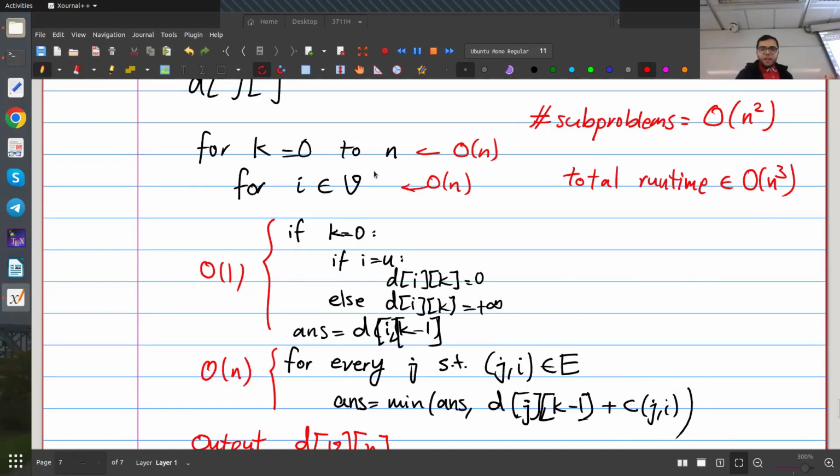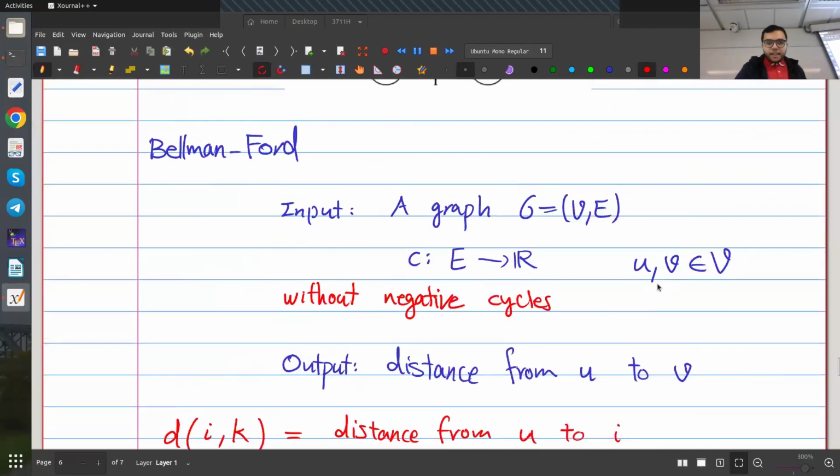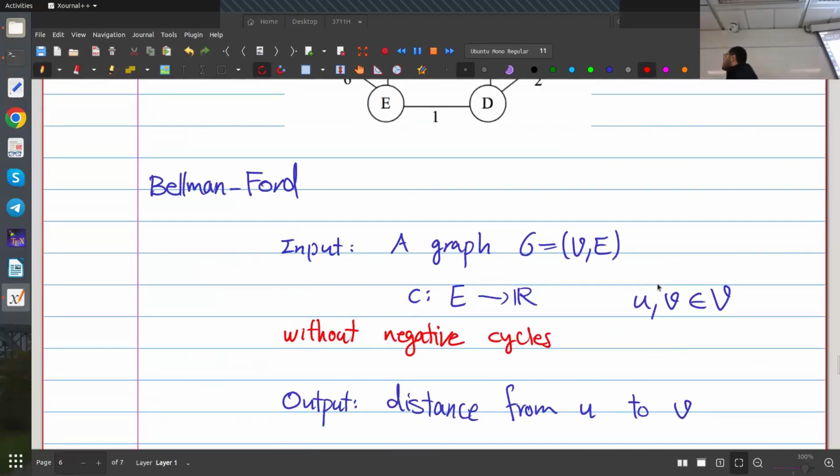So this main for loop is doing n iterations, and in each iteration of this for loop, I'm going over each one of my edges exactly once. So my total runtime is actually O(nm), where n is the number of vertices and m is the number of edges. Now, if you have a really dense graph, n cubed and nm are not that different. But if your graph has few edges, then nm is much better than n cubed. So actually, my runtime is O(nm). And again, this is called the Bellman-Ford algorithm.